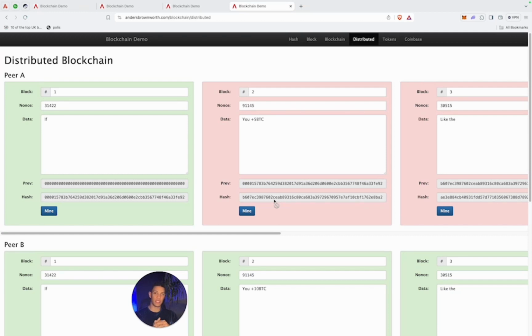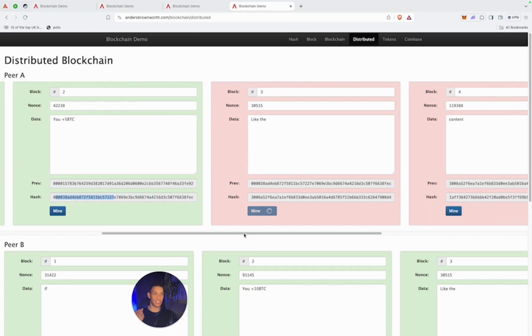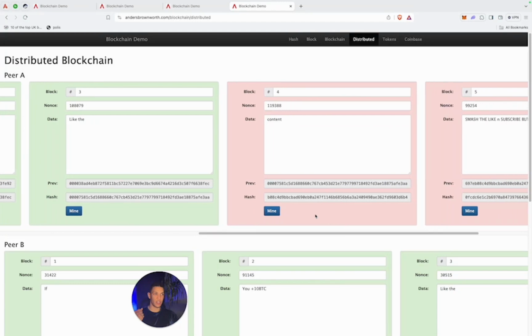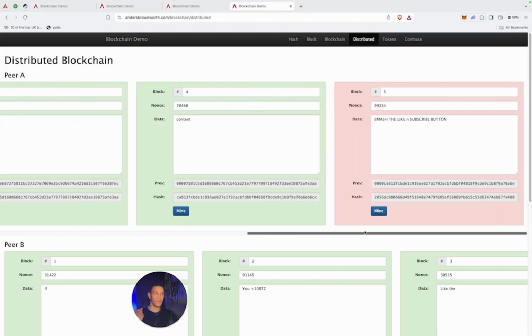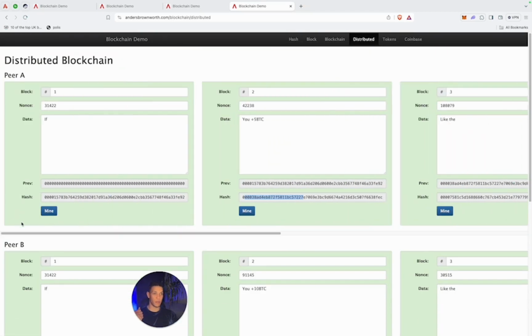And it's not even possible to get that much electricity and energy to be able to mine even faster than these other miners, to remine all of these blocks so that all of these hashes agree. And you would have to mine even faster than the rest of the network, which is not really possible.